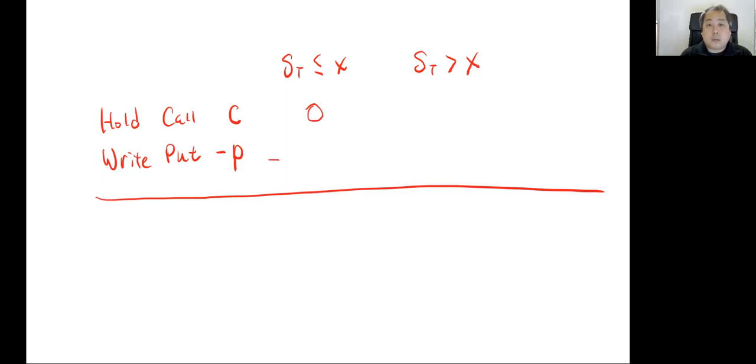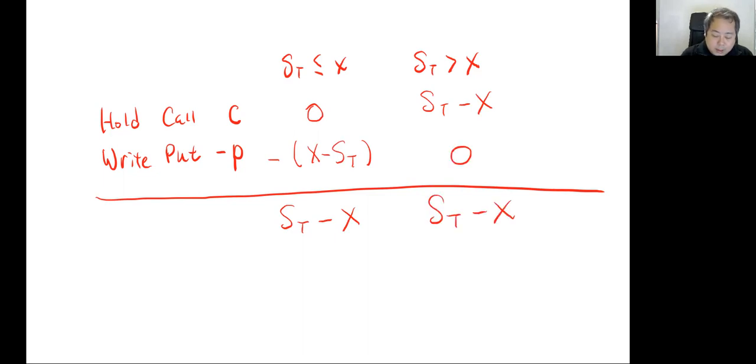But you wrote a put option, so you have to pay the intrinsic value, which is basically S_T minus X. And if the stock price is above exercise price, then you hold the call option and exercise it, so the value is S_T minus X, and the written put is nothing, so S_T minus X.